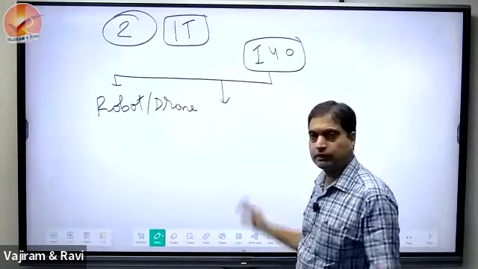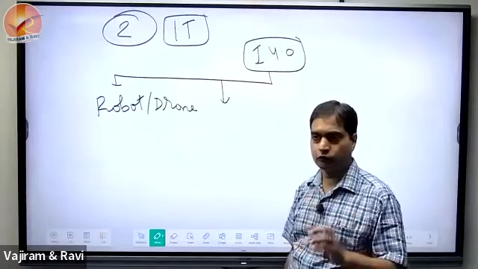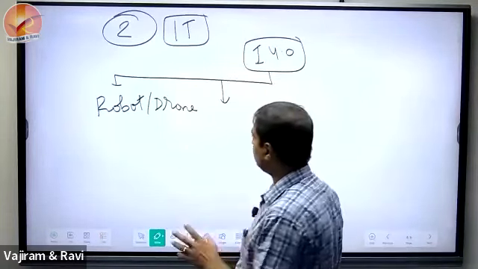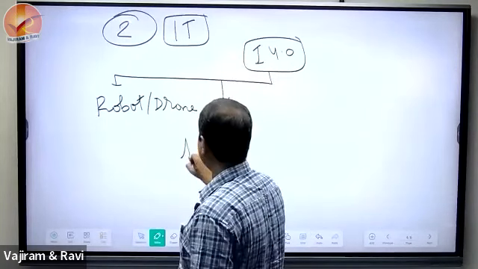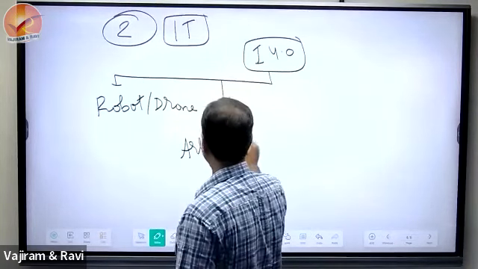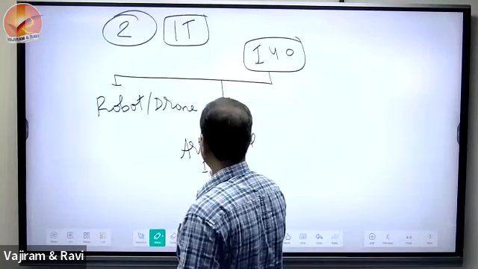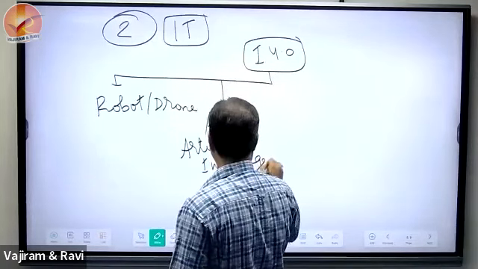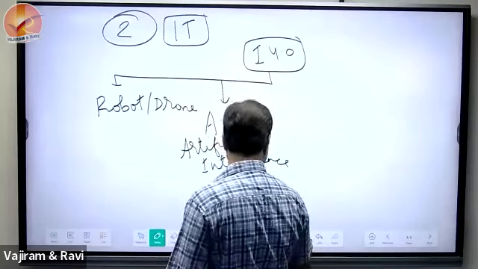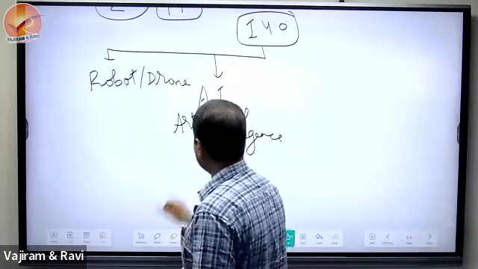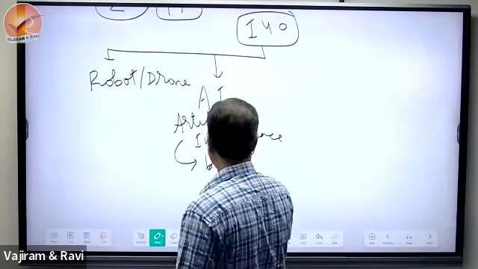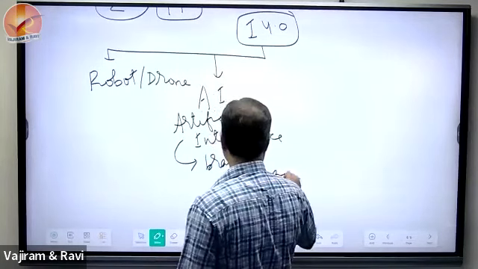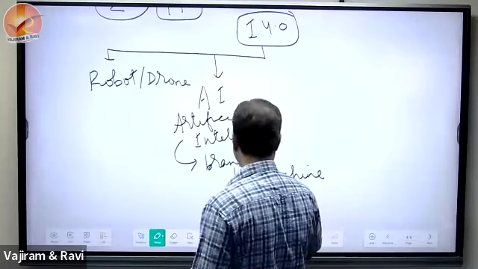Once you write down what are the components of I 4.0: robot or drone, artificial intelligence, now a branch of AI we will discuss in the name of machine learning.